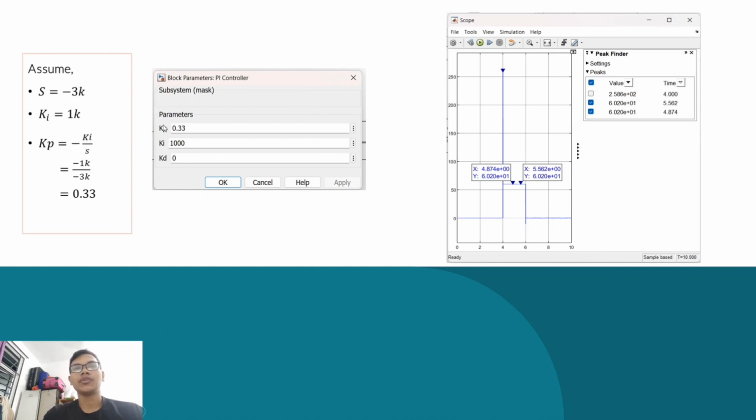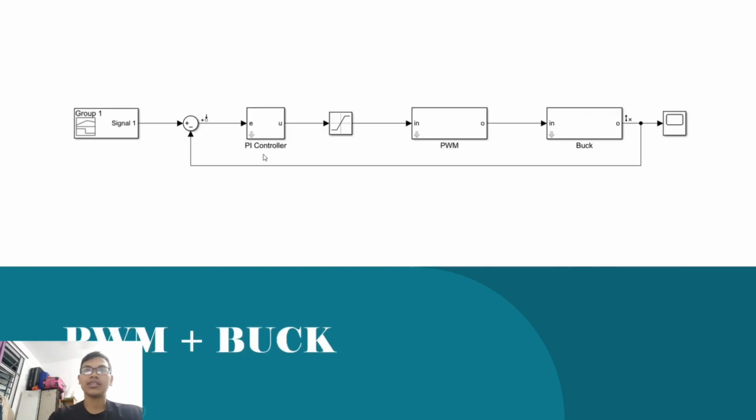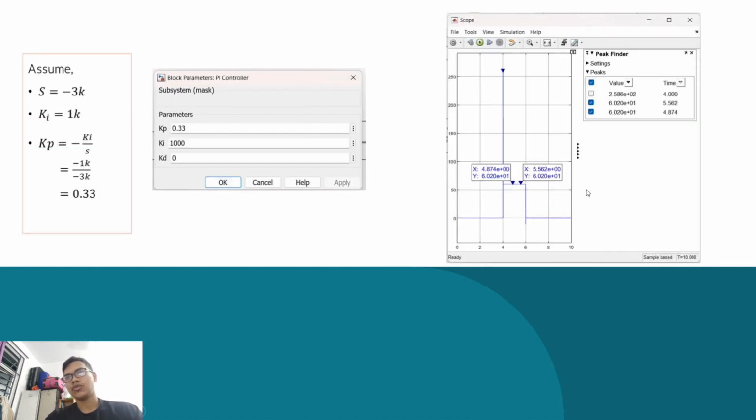The assumed values we get are Kp equal to 0.33 and Ki equal to 1000. Then we enter the assumed values inside the PI controller and run the circuit, and we will get an output waveform at the scope at the back of the circuit. The waveform is shown in this picture.